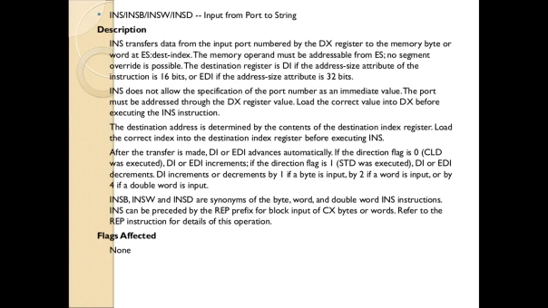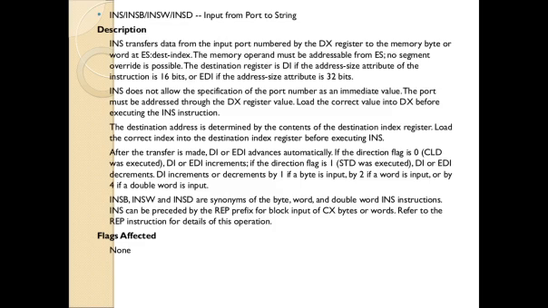Next, INS. Now we can read the input in the form of a string. It can be a byte string, word string or double word string. So INS has the forms INSB, INSW and INSD. INS transfers data from the input port numbered by the DX register to the memory byte or word at ES:DI or ES:EDI.